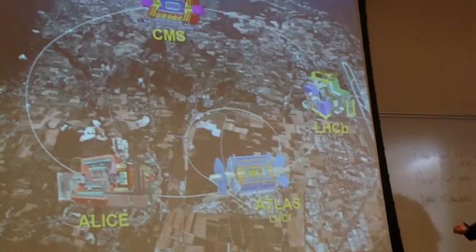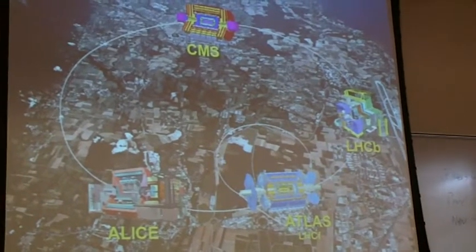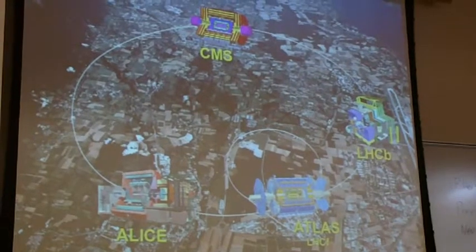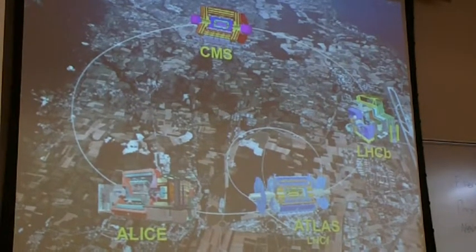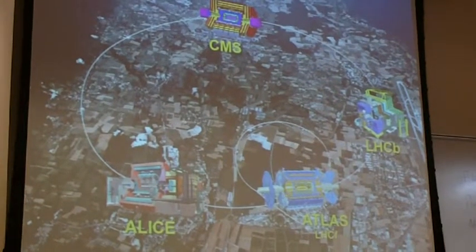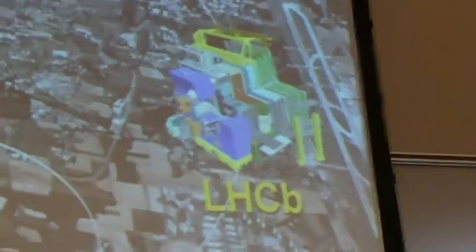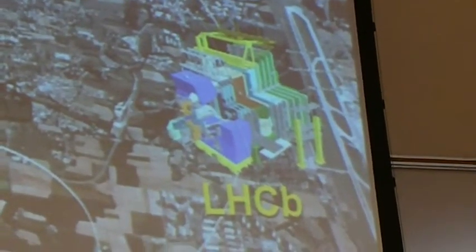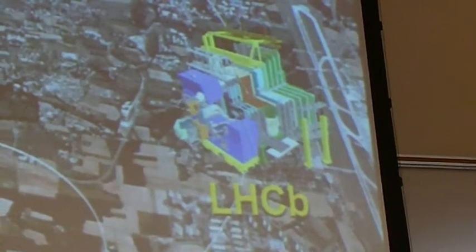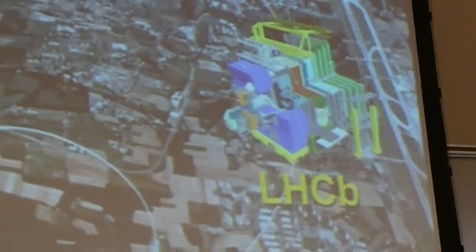The experiment I'm on is called ALICE. There's 1,000 people there. I actually don't know all of my collaborators, but I know the people that I work with closely. There's another little experiment called LHCb, and I haven't put TOTEM on there and I haven't put up a picture of LHCf because they don't have a cool picture of their experiment that I could steal.